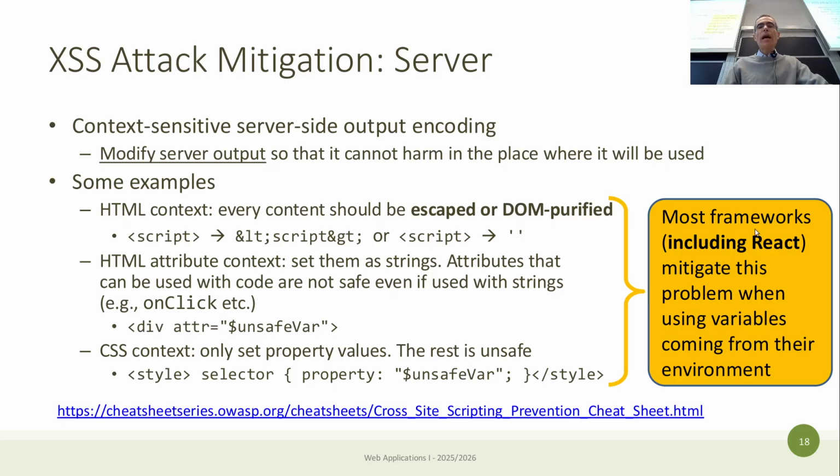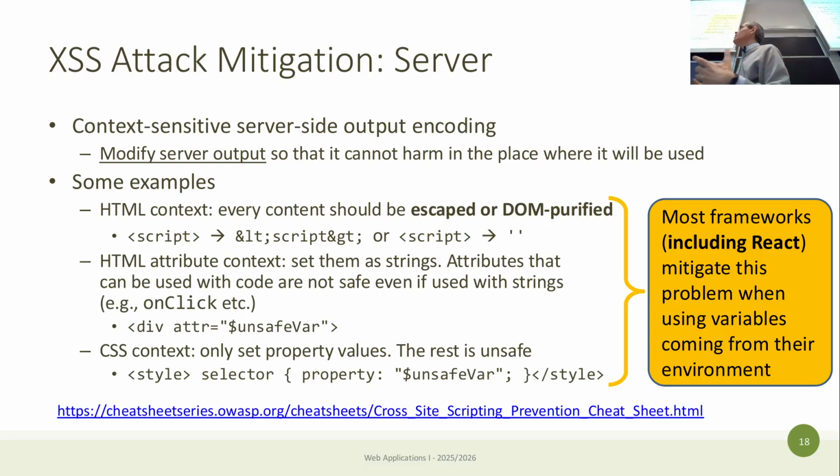Actually, since this problem is so common, most frameworks, including React that we are going to use, already mitigate this problem when we are using variables coming from the environment of the library. So we are writing code in React, and we will have parts of HTML, which we'll call JSX for React, but it's basically HTML where we can put variables, so parametric values inside some attributes typically in the HTML tags.